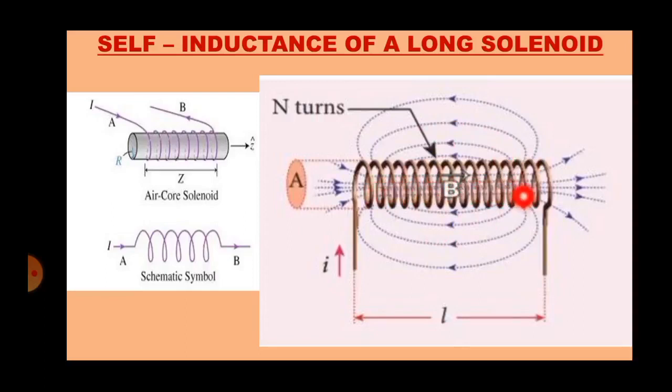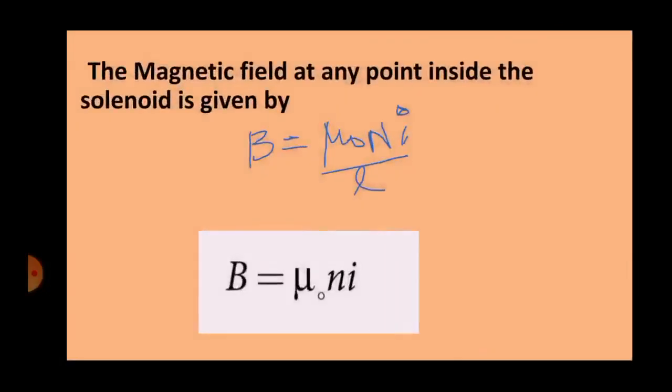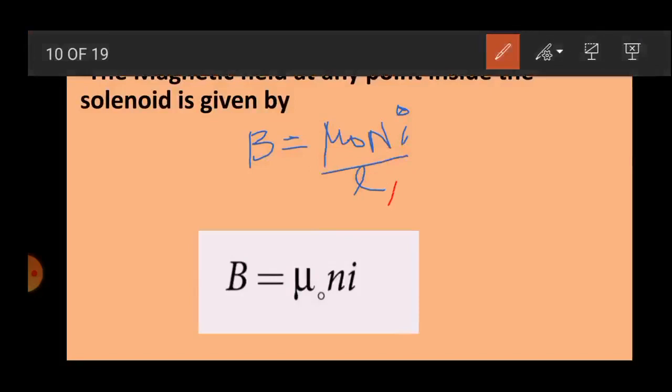So students, the magnetic field at any point inside the solenoid is given by, as you already studied in the third lesson on solenoids, B is equal to mu naught N i divided by L. Now here, the number of turns per unit length N divided by L is equal to small n. Substituting, the magnetic field at any point inside the solenoid is B is equal to mu naught n i.